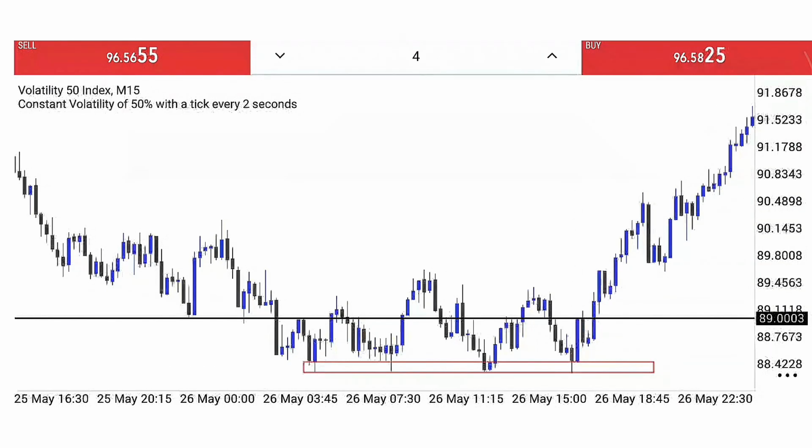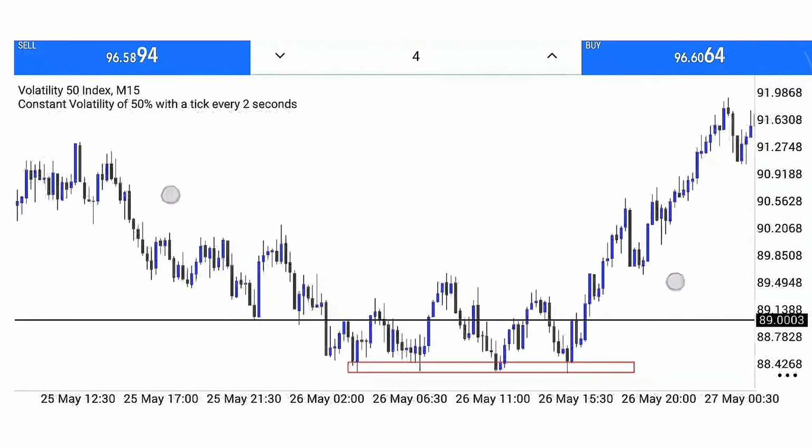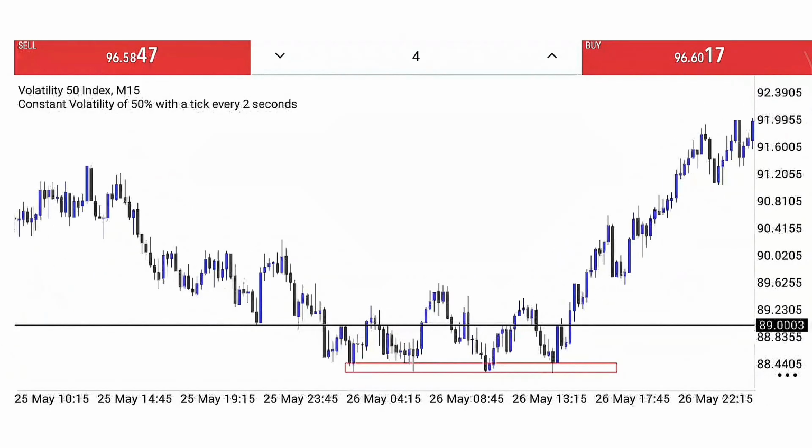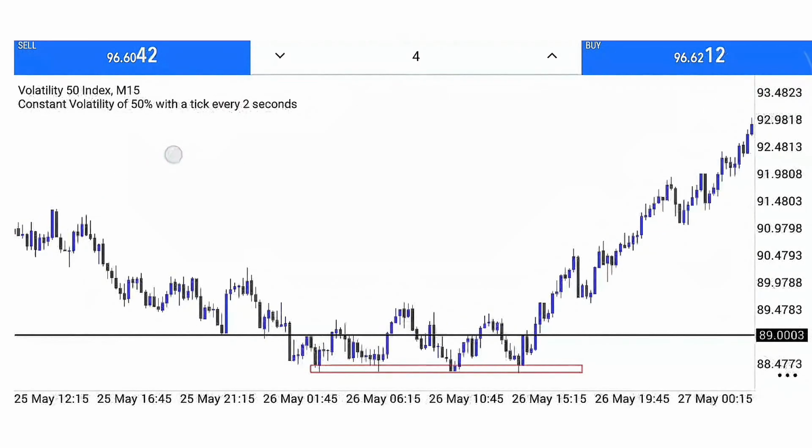I already gave you a pin bar example. So you can now take your trade when you see that engulfing candle, and you will make money from the market. Now this strategy is very simple, and if you use this strategy, you will see yourself making a lot of profit from the market, more than the way you are making profit already.